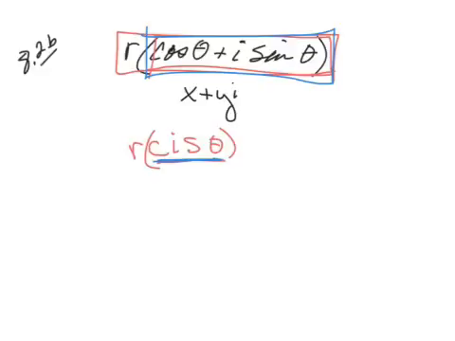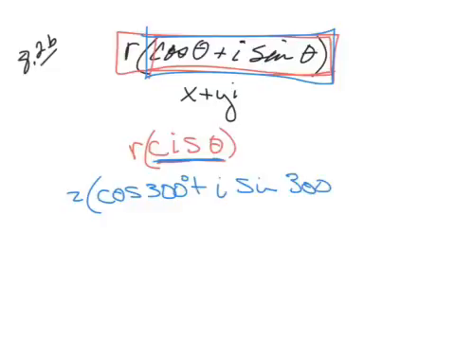Okay, so let's go ahead and do one. Express 2 cosine of 300 degrees plus i sine of 300 degrees in rectangular form. Alright, one of the things I want you to notice before we go anywhere, theta, theta. 300, 300. So this angle and this angle have to be the same.